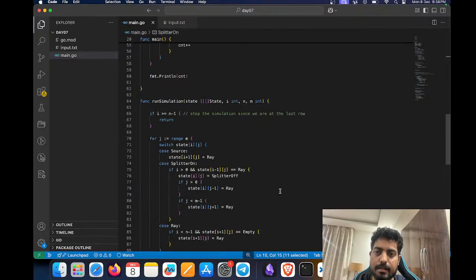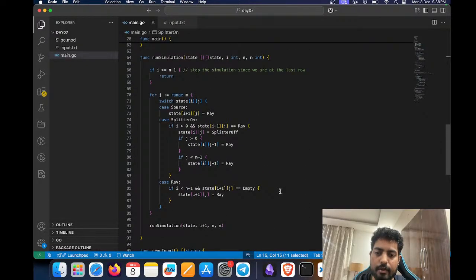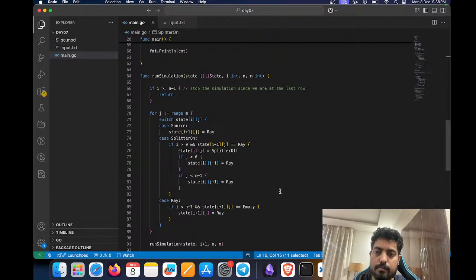For some reason, this simulation did not work. Is this thing?